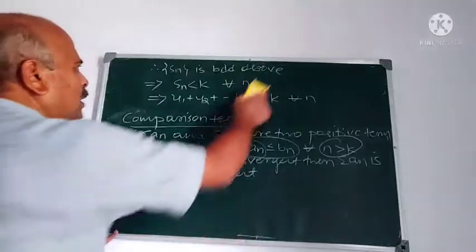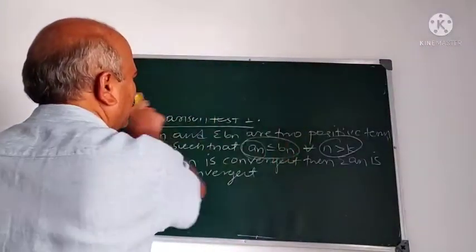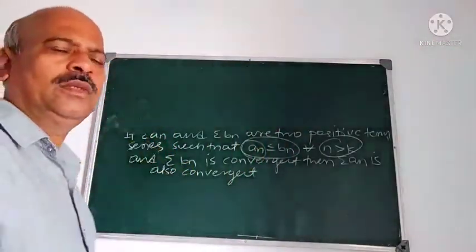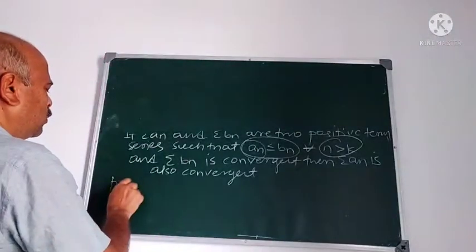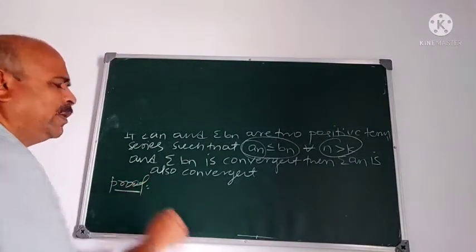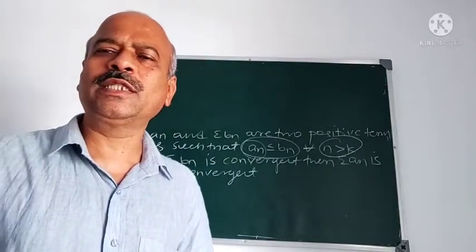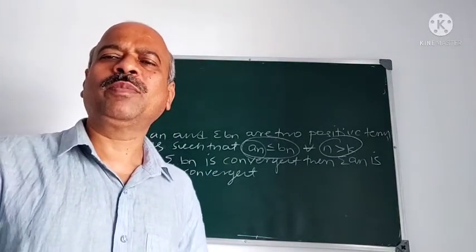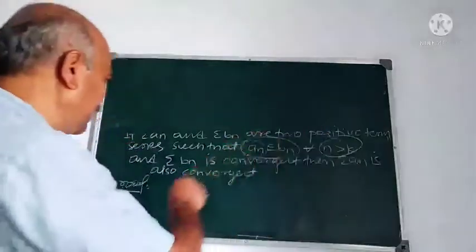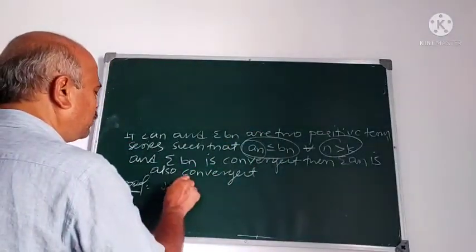Now the proof is also important from the examination point of view. I will explain how to prove this one. Again, the proof is based on the definition of convergence. When do you say that a series converges? If the sequence of partial sums converges. So we take the sequence of partial sums.